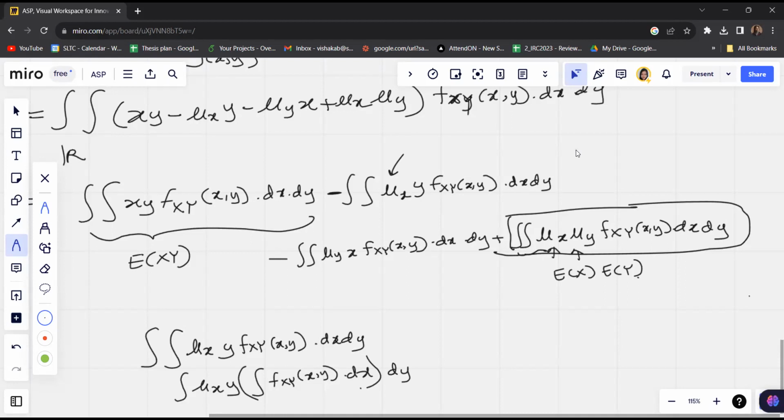In the last class, we discussed these marginal distributions and their definitions.